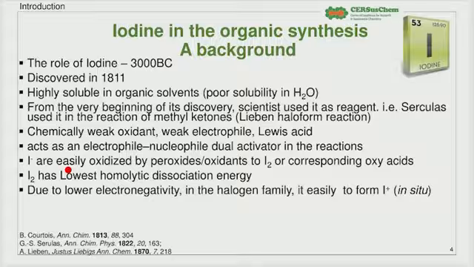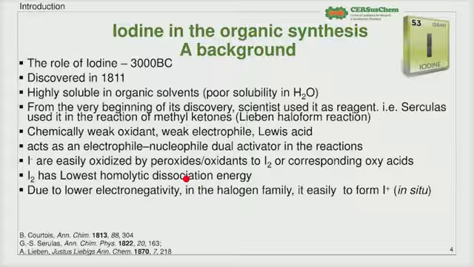Now, iodide ions, in the form of salts like potassium iodide, sodium iodide, ammonium iodide, can be easily oxidized by peroxides or other oxidants to molecular iodine or to the corresponding oxoacids. Besides, the diatomic form, I2, has a very low homolytic dissociation energy, so it can be used as a source of radical species.